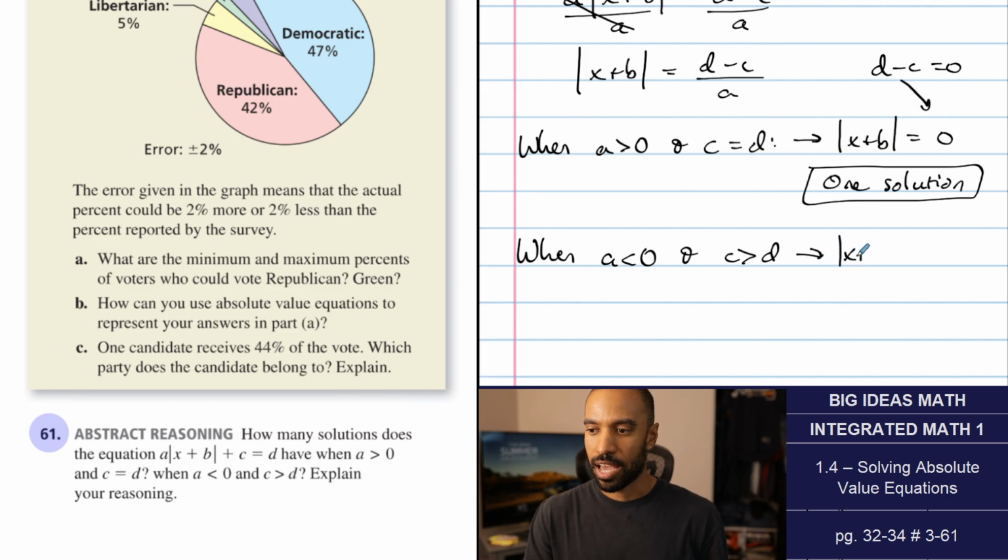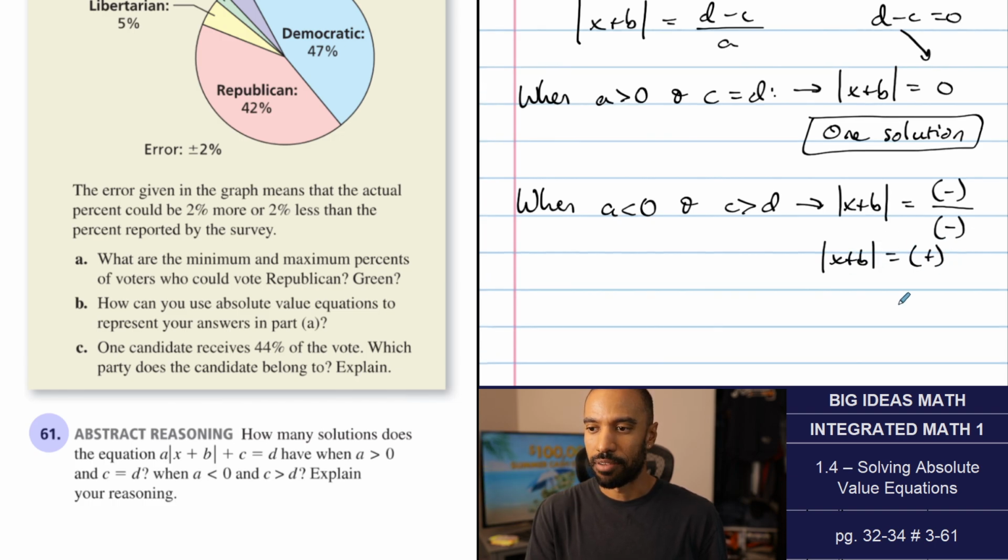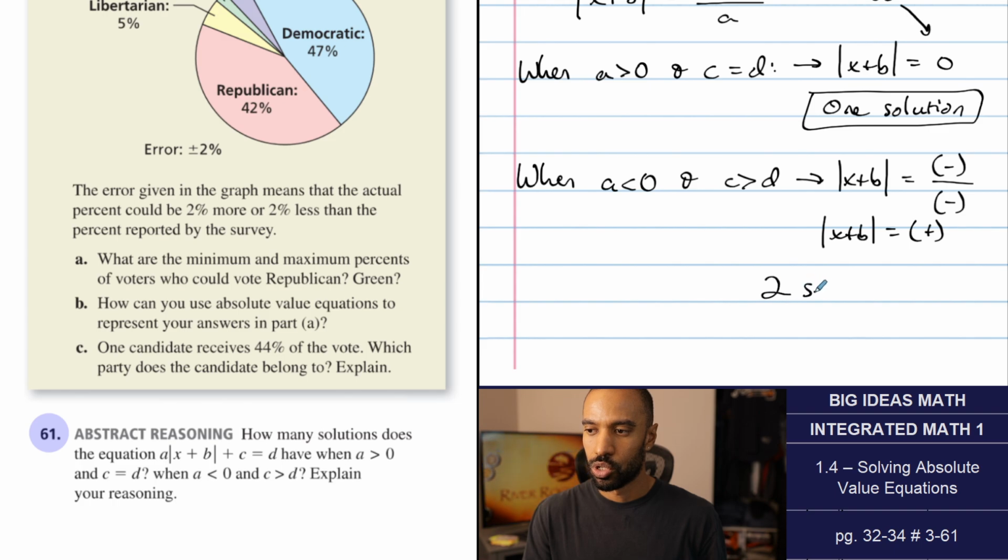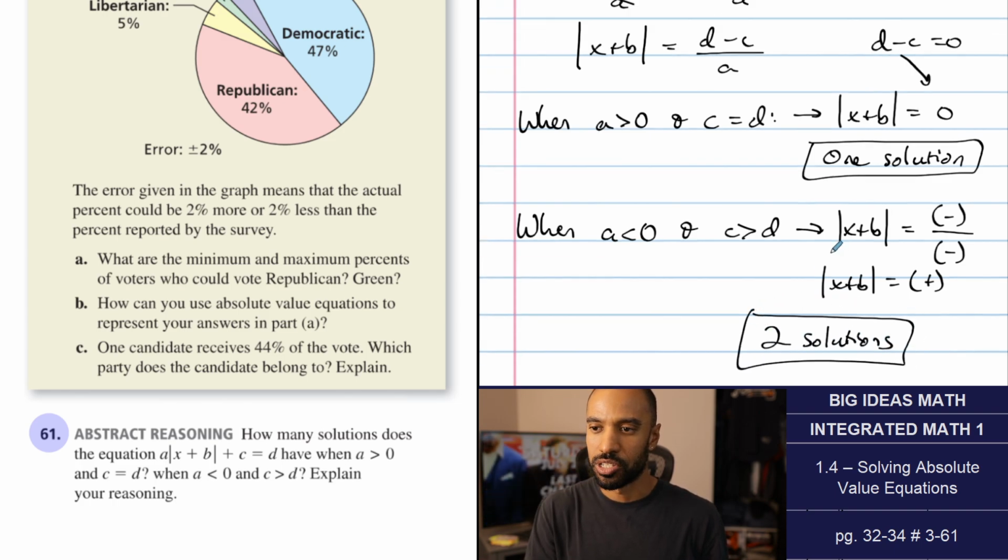So absolute value of x plus b will equal a negative number divided by a also being a negative number, which means absolute value of x plus b is a positive number, which means we'll have two solutions. Two solutions. Because you can take absolute value of a number, get a positive, you're all good to go. Now, you could try numbers and see how it works, but it should always work in that case.